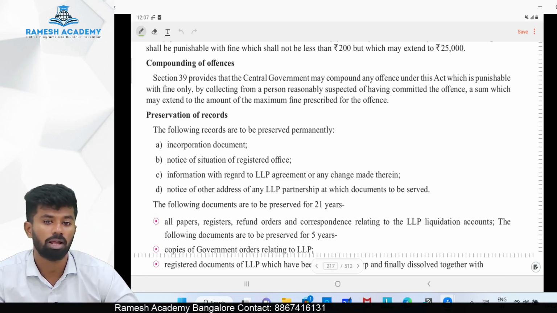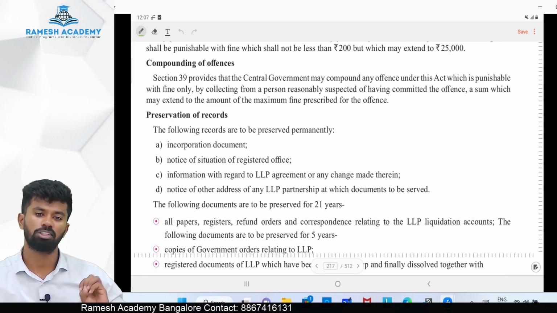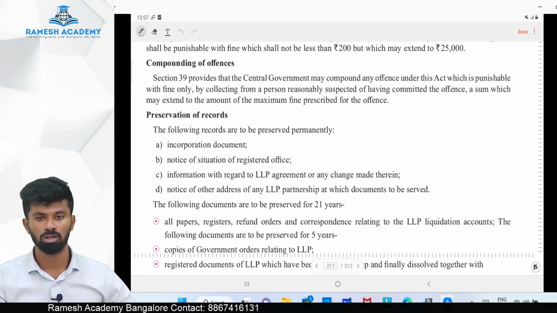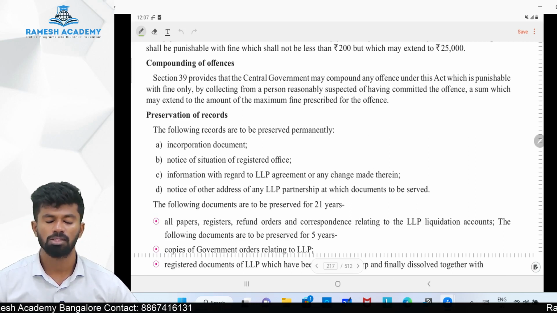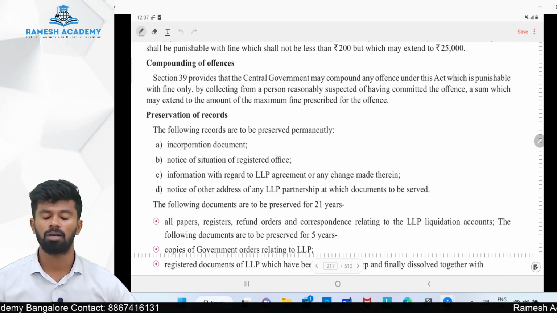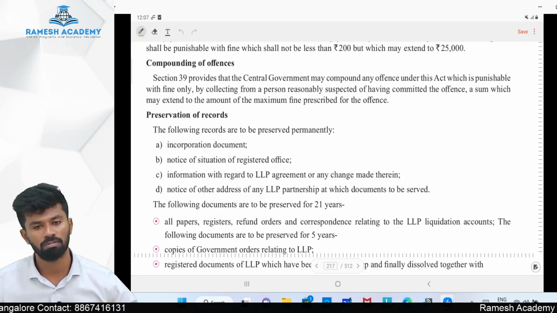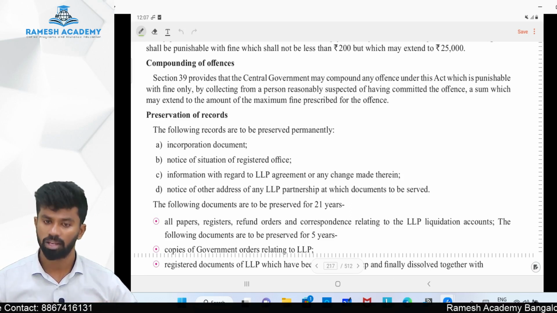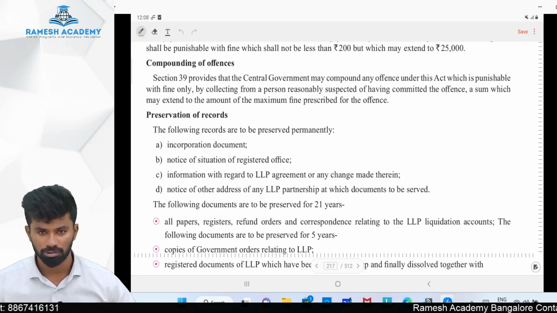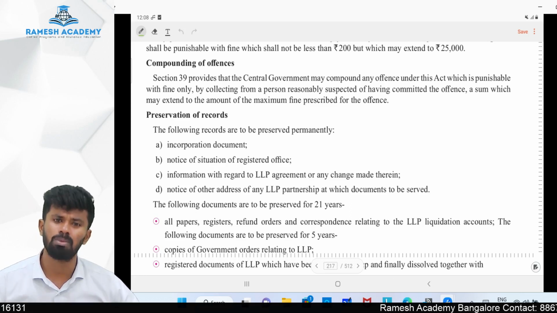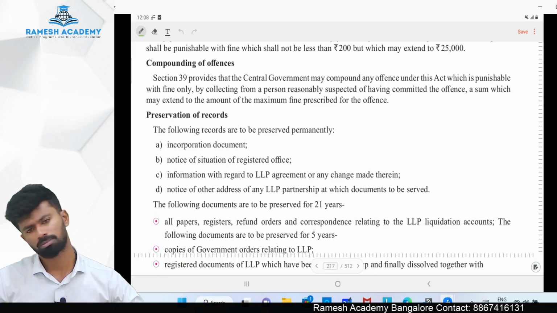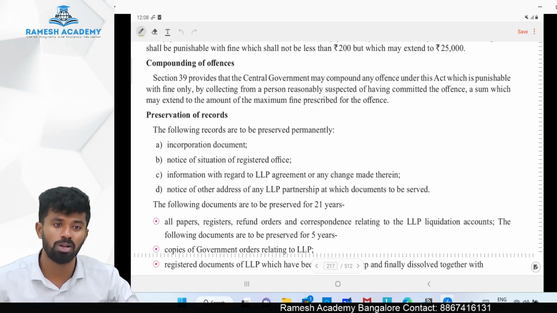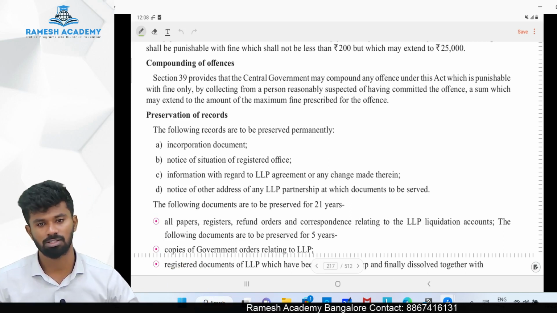See, generally what happens, if there is a contravention of any provision of the law, even in case of Income Tax Act, the ROC, the concerned department of the government will initiate what? Prosecution. They file a case, then hearing will happen, then the court will decide the fine. But if it is a compoundable offense, the parties can compromise without going to the court. That is called a compoundable offense or compounding of offense.